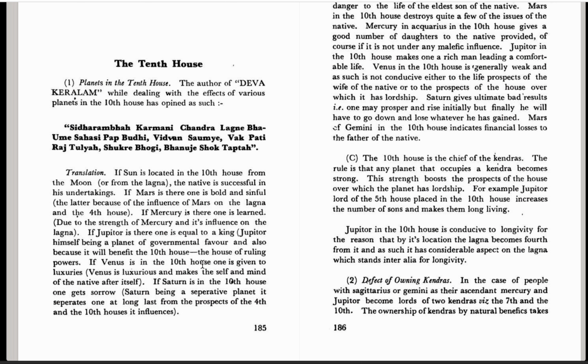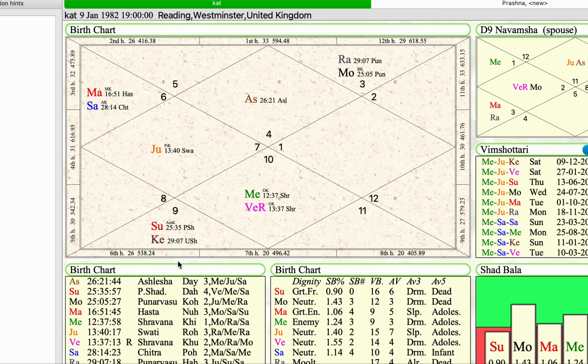That's what the writer sir also said, that if Jupiter is there, one is equal to the king. And so there is a lot of wealth coming from the forefathers, right? Lot of wealth, like a huge amount of wealth. Like imagine being in the family of king and queen. So this Jupiter has brought so much wealth to the partner.